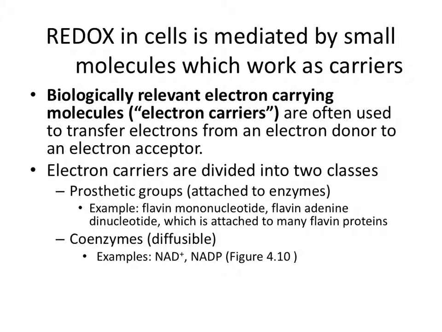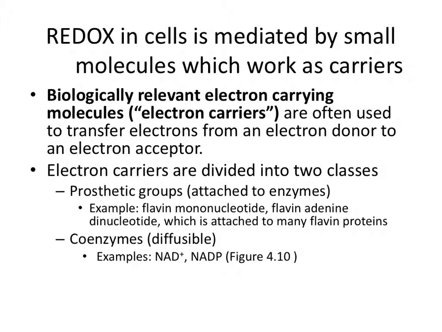Most of those are actually smaller redox reactions, and this generates a need to have electron-carrying molecules in the cell to link those reactions. Also, many of those reactions will in fact take place at different cellular locations, and that also generates a need to have, in some cases, diffusible electron-carrying molecules.